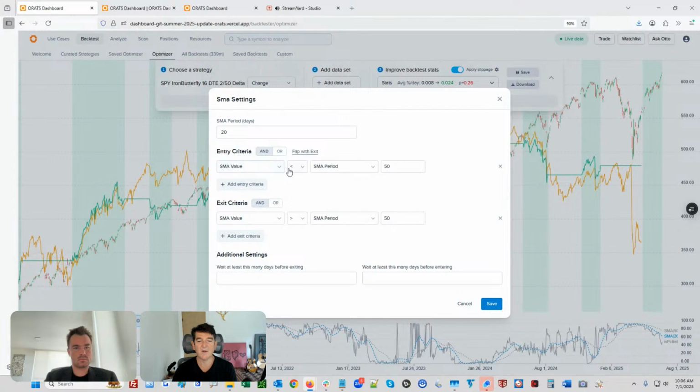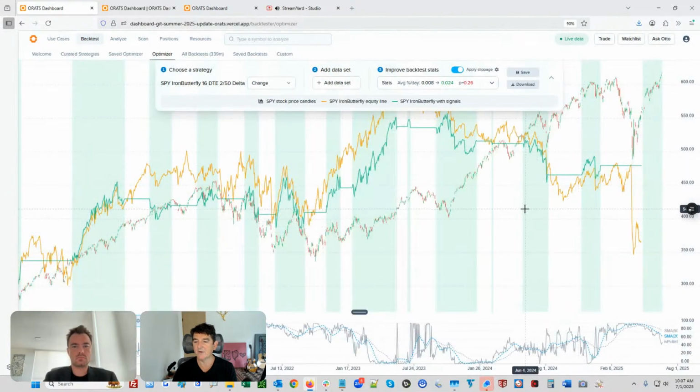So this one will look for a period when the SMA 20-day is less than the 50-day. And it'll exit when the SMA 20-day is greater than the 50-day. And you can see when these happen, it's denoted by we're in the trade when it's green and we're out of the trade when it's white.